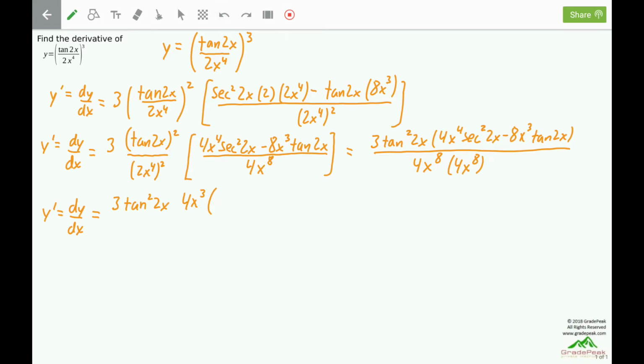So that will give me x secant squared of 2x, and then minus a 2 tangent of 2x. All this is divided by, in the denominator, let's multiply. 4 times 4 is a 16, and x to the 8 times x to the 8 is x to the 16. You add the exponents in that case.